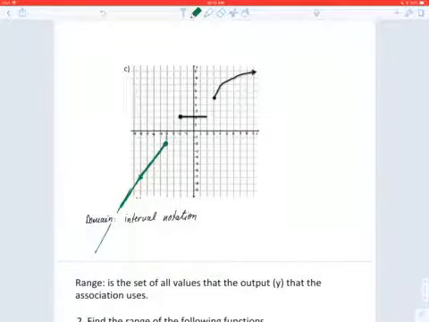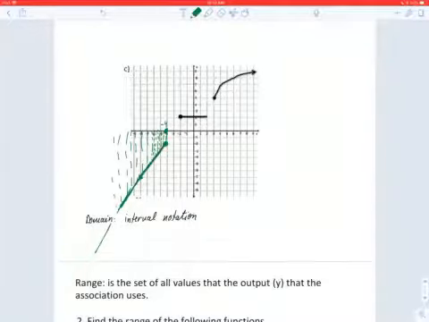So if we're looking at the x values on this side, the x value that we're using, let's say it's about -4, including -4 because it's a closed dot. And then to the left of that point, we're using all the x's on the x-axis that are to the left of -4.